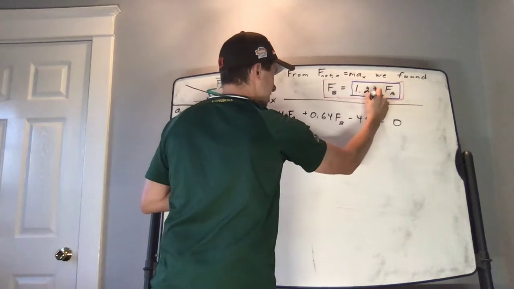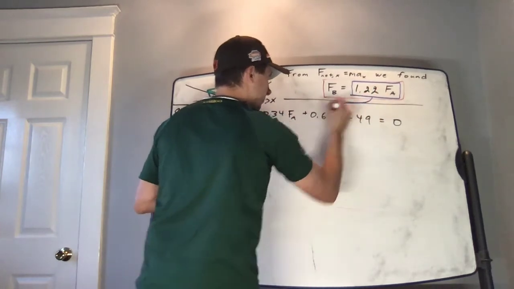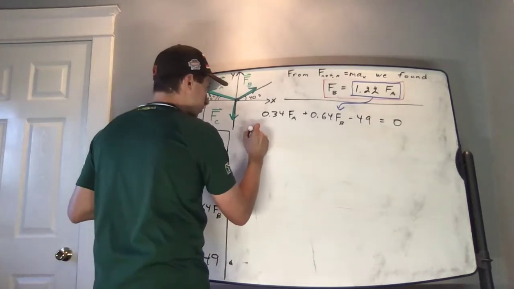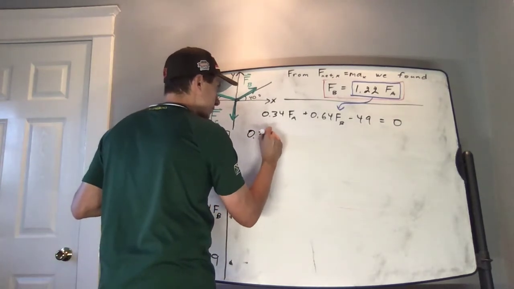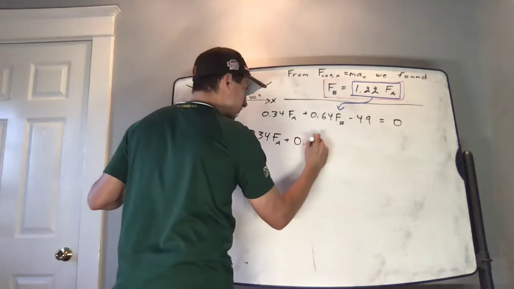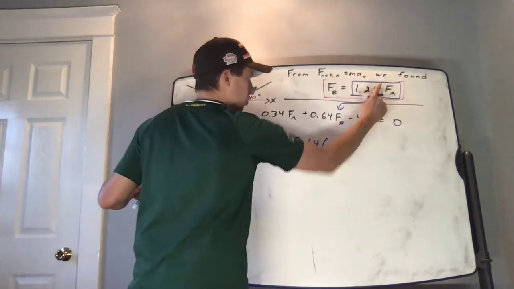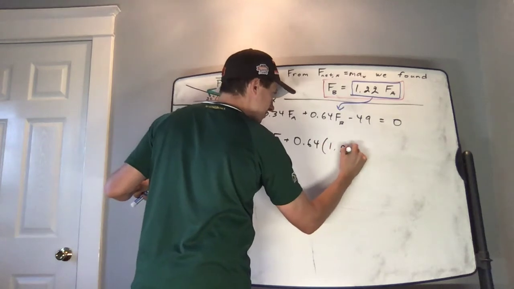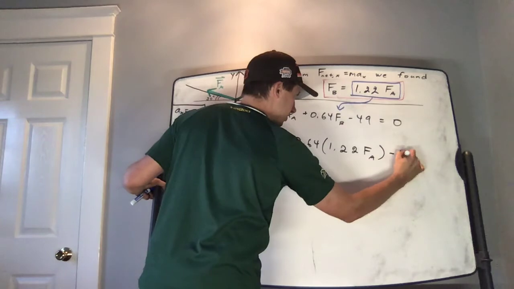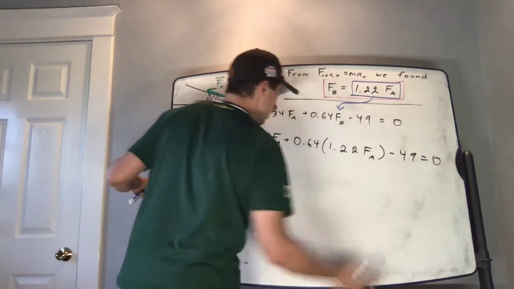So I'm going to take this and plug it in right there. And when I do that, I would have 0.34 FA plus 0.64 times 1.22 FA minus 49 is equal to 0.